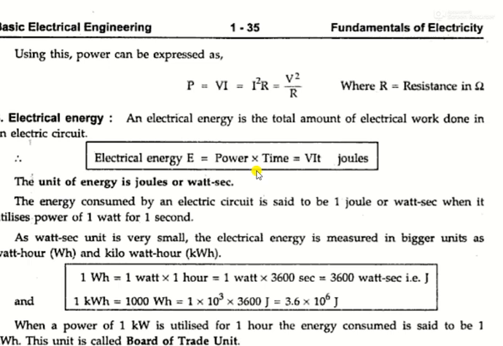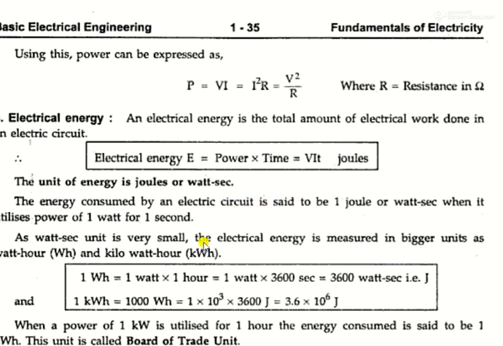The energy consumed by an electric circuit is said to be 1 joule or 1 watt second when it utilizes a power of 1 watt for 1 second. Okay. As the watt second unit is very small, generally electrical energy is measured in bigger units such as watt hour, Wh, or kilowatt hour.